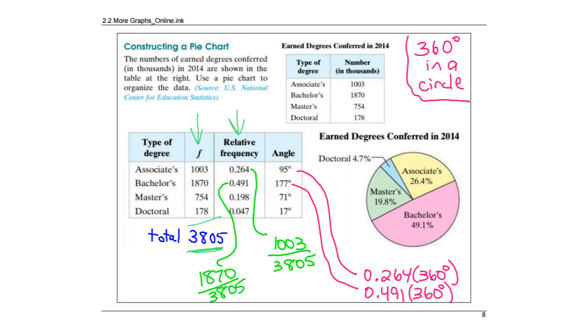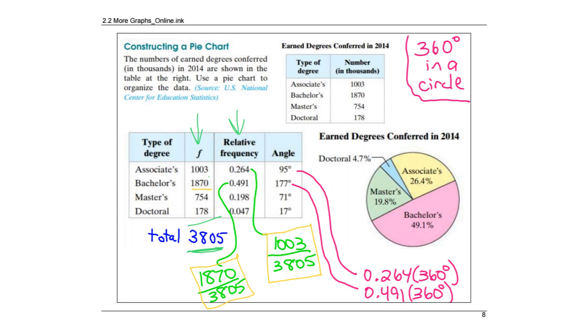But then we have to find the relative frequency. So for the first one, we took the 1,003 on top of the total, 3,805, and that gave us 0.264, so about 26%. The next one, we had a frequency of 1,870. We put that over the total, and that gave us 0.491, so almost 50%.